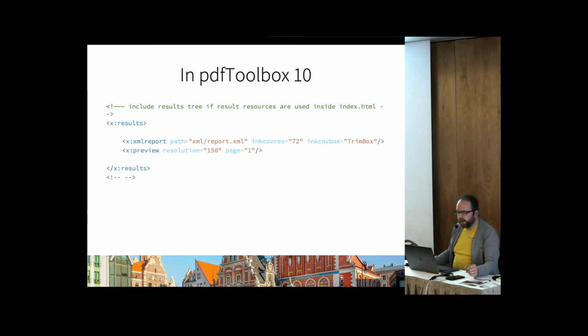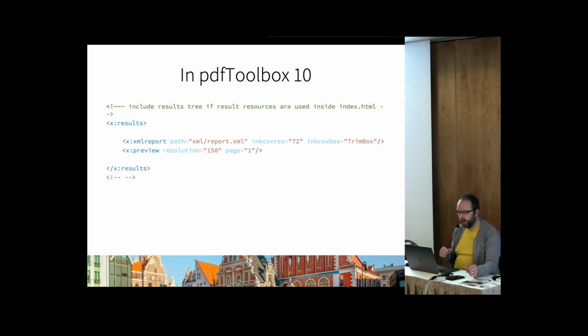What you already had in pdfToolbox 10 was an XML report generation. So while you're doing the preflight and generating this PDF report, you can ask pdfToolbox to also generate an XML report. Why? Well, in your template, you can then read the XML report and get information out of it.